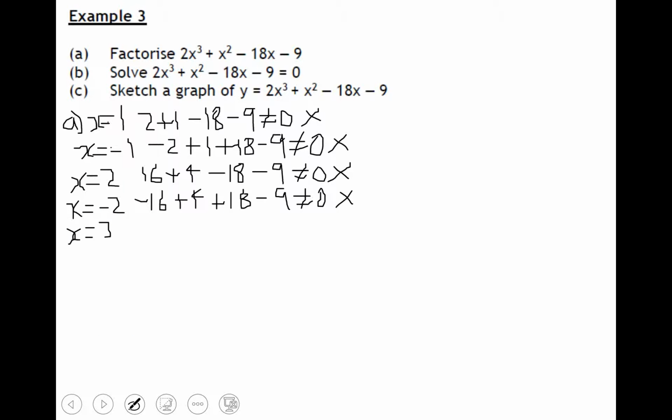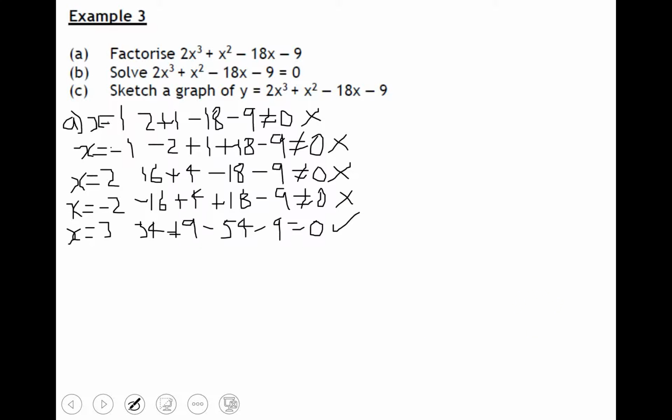Try x equals 3. We get 54 plus 9 minus 54 minus 9, which does equal 0.